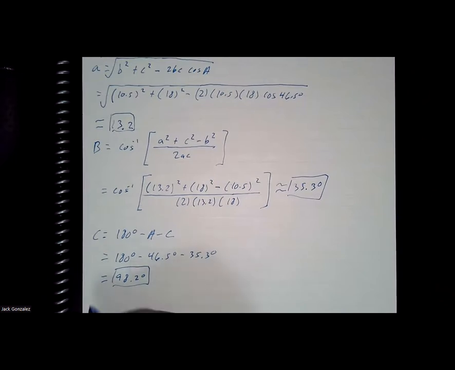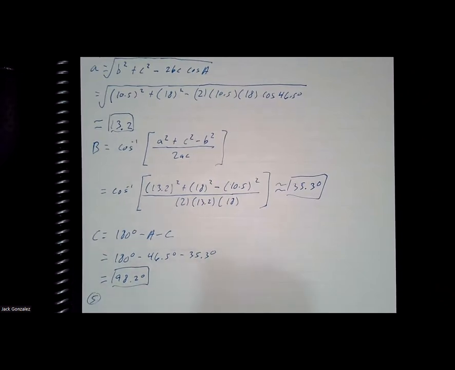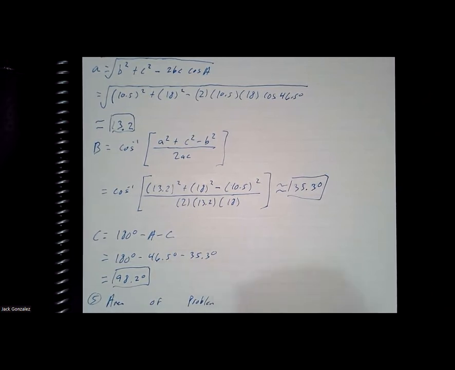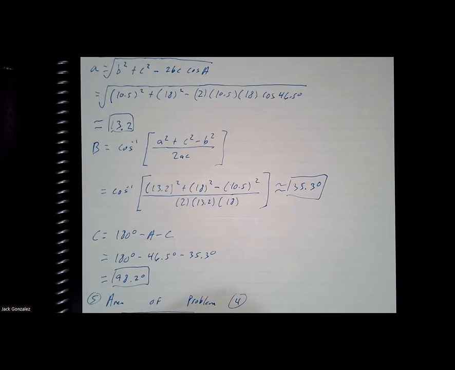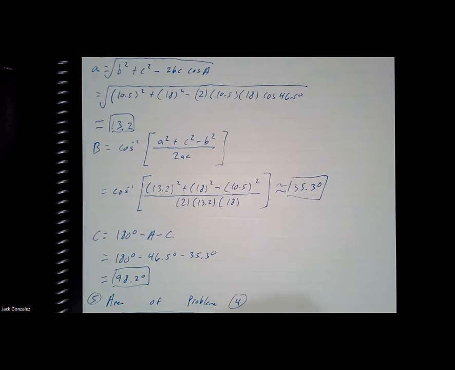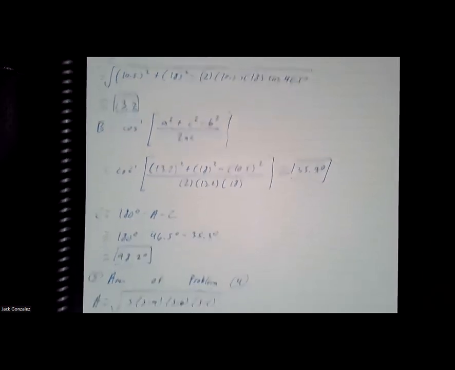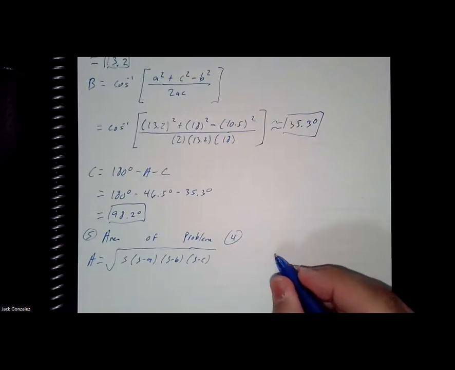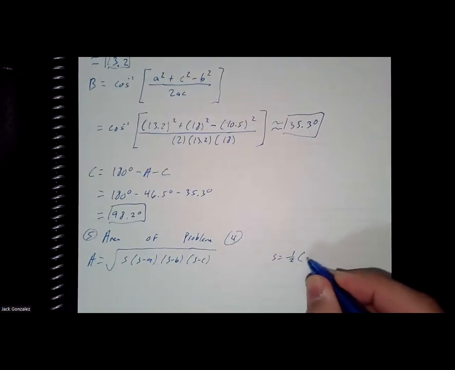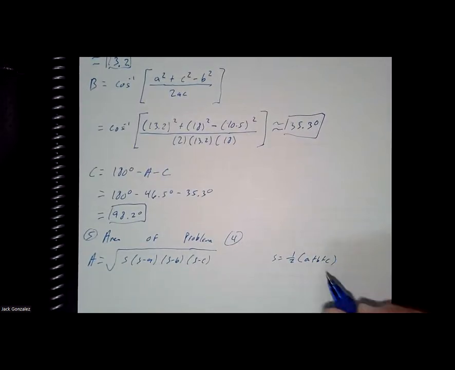Number 5 asks for the area of problem 4. So use Heron's formula again. So s is equal to 1/2 times a plus b plus c.